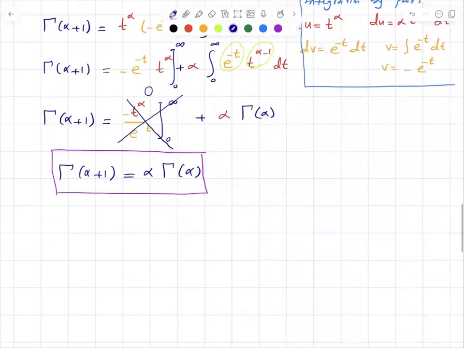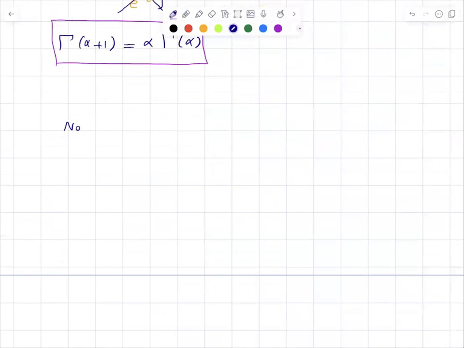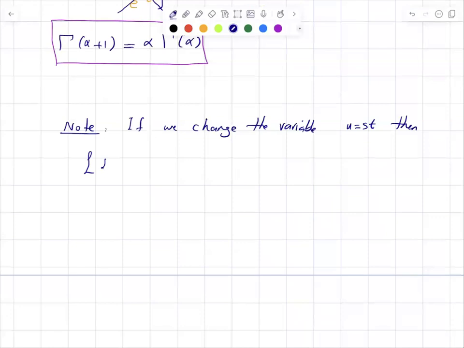One important note for you. If we change the variable u to be equal to s times t, then we get the generalized definition of the Laplace of t to power alpha, which is gamma of alpha plus 1 divided by s to power alpha plus 1, when alpha is more than negative 1.